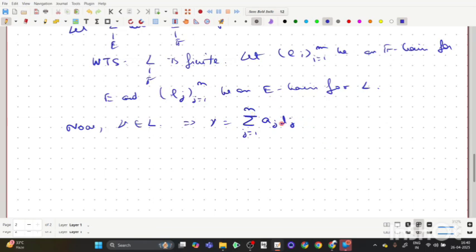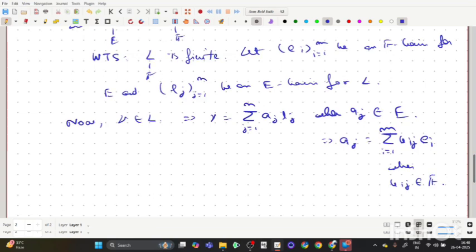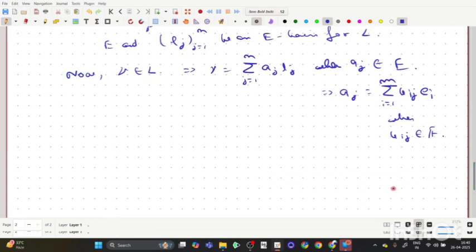But then observe now that this a_j comes from E, right? a_j comes from E. So if a_j comes from E, then that implies that I can write a_j as summation, let's say, b_ij e_i, i equals 1 to m, where these b_ij's come from F, right? Easy to observe.